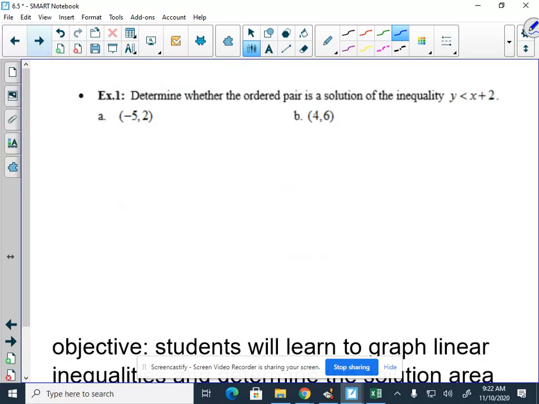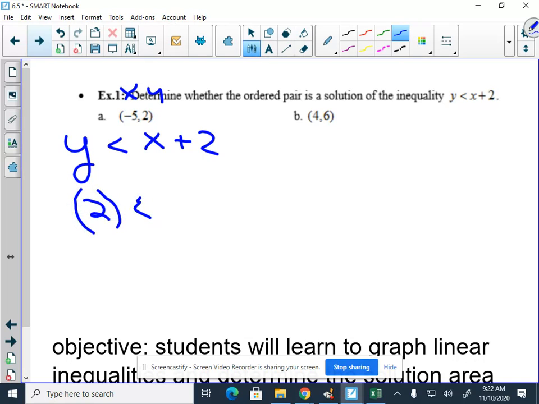Okay, so here it says, determine whether the ordered pair is a solution of the inequality y is less than x plus 2. We're trying to figure out if this point works. So we're going to take this x and y point and put those in. Instead of y, I'm going to put in 2. Instead of x, I'm going to put in negative 5. Is 2 less than negative 3?